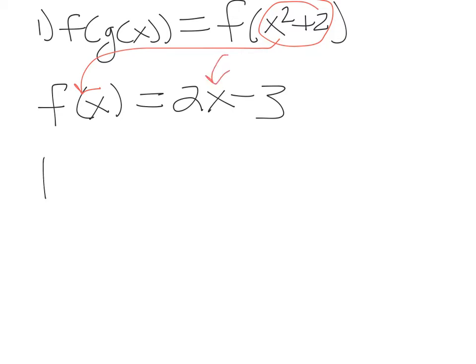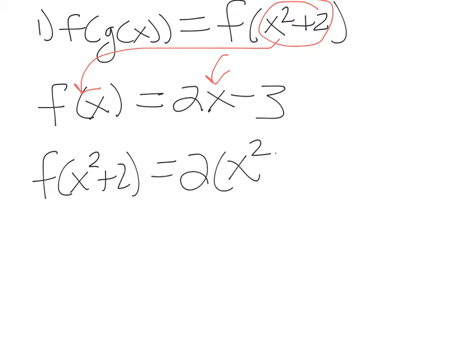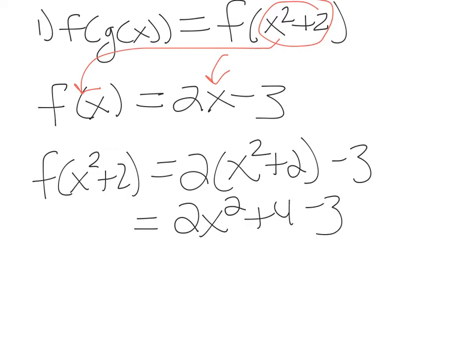So f of x squared plus 2 equals 2 times x squared plus 2 minus 3. I'm going to do a little bit of cleaning up in algebra: 2x squared plus 4 minus 3. Final answer is 2x squared plus 1.